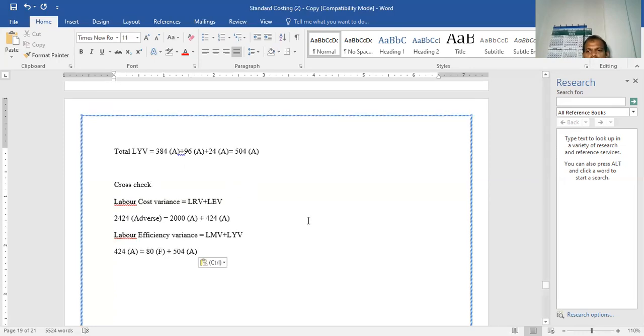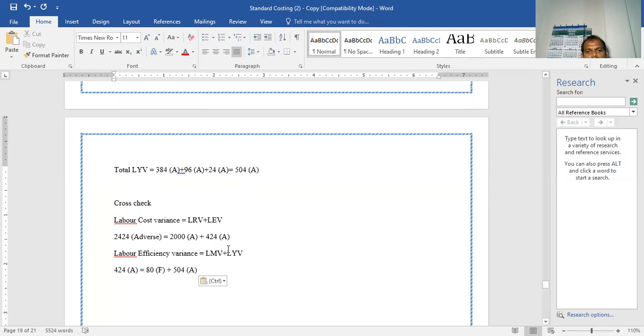The labor cost variance is divided into two parts: labor rate variance and labor efficiency variance. Labor efficiency variance is subdivided into three parts: labor mix variance, labor idle variance, and labor yield variance. In this problem, labor idle variance is not given, so only labor yield variance.